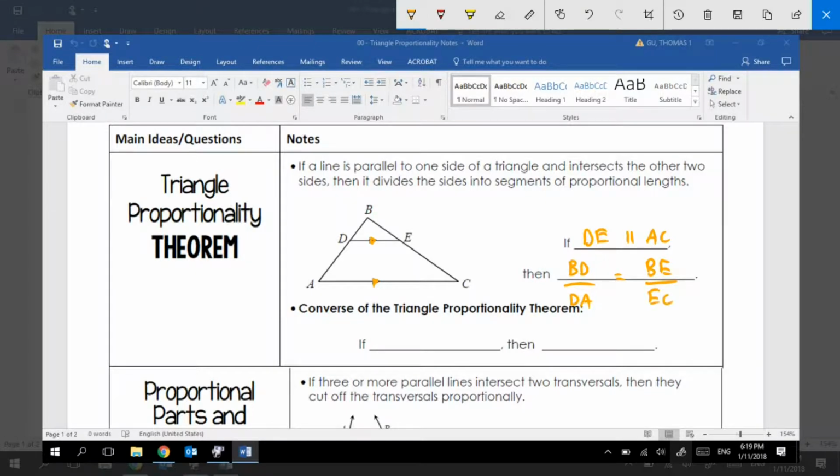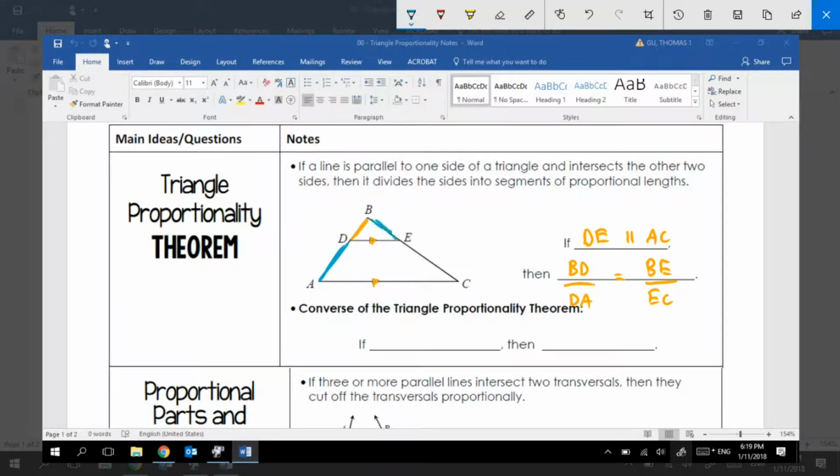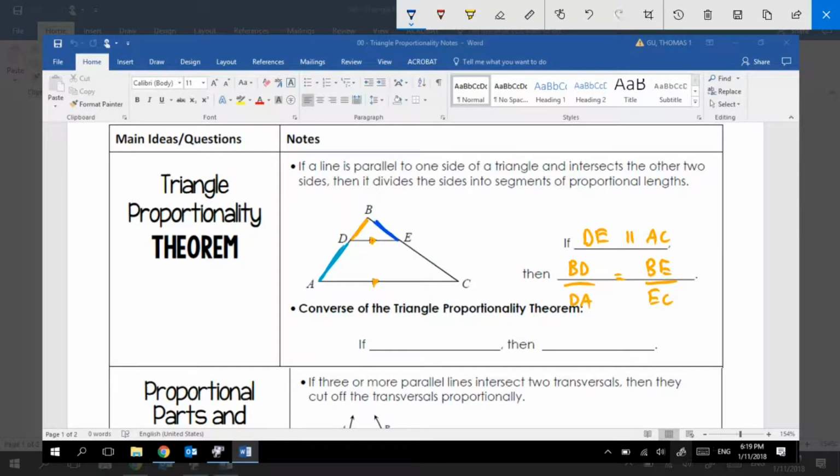And let me color code this for you to make it a little more clear. So BD, this length, over DA, this length right here, is going to be equal to BE, this length, that's the same color, BE, this length right here, over EC, this length right here.